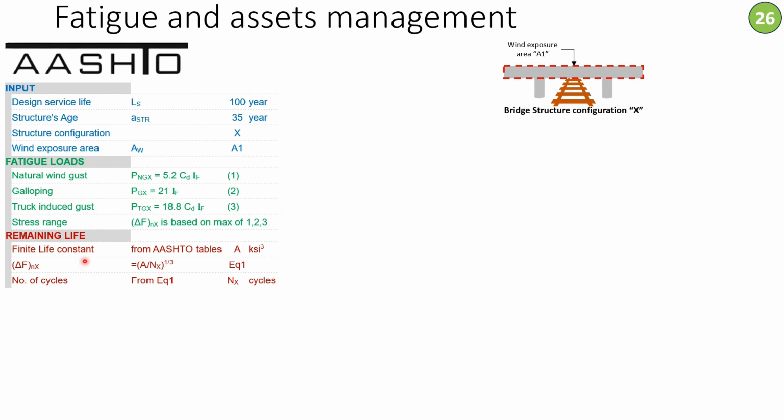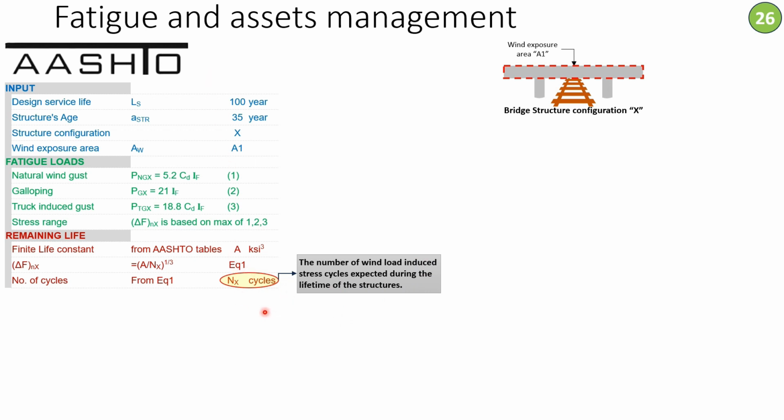And then H2 gives you, for the existing structure, as we said, H2 follows the finite life approach. And from there you go to the tables of H2 to get the finite life constant, called A. This equation enables you to calculate the number of cycles of wind load induced stress cycles expected during the lifetime of the structure, which is quite straightforward and easy.